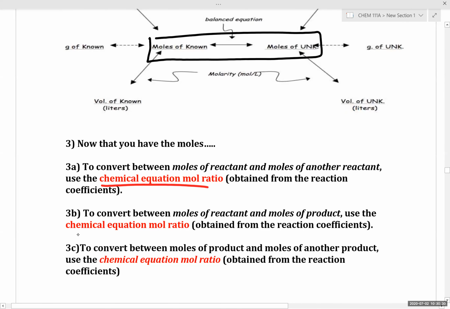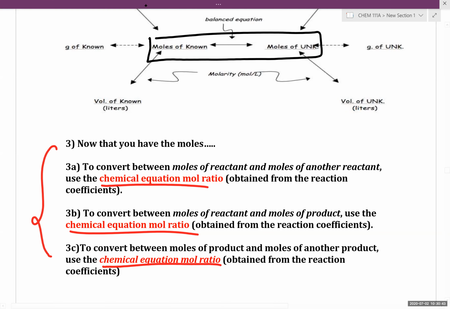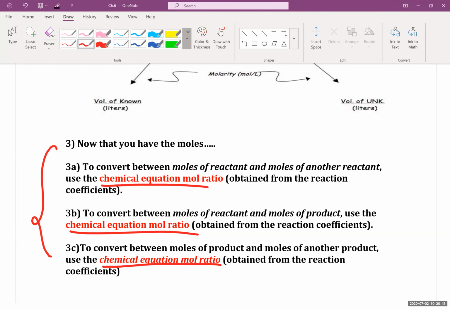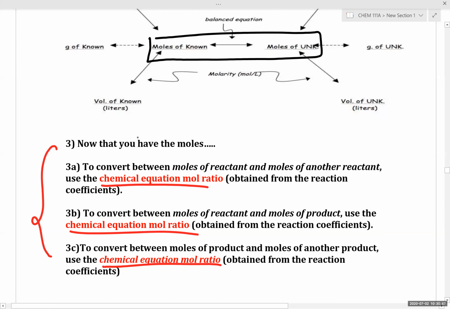Again, in all cases, if you want to convert between moles of one species in a chemical reaction and another species in a chemical reaction, you have to use your chemical equation mole ratio, which is only obtainable from a balanced chemical equation. So, I can't stress this enough. Balance your equations.